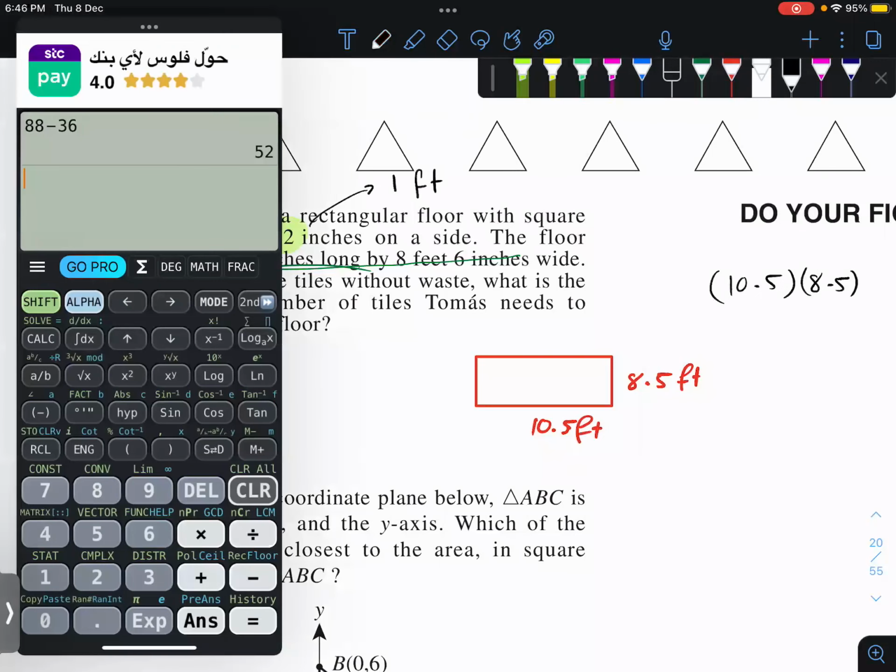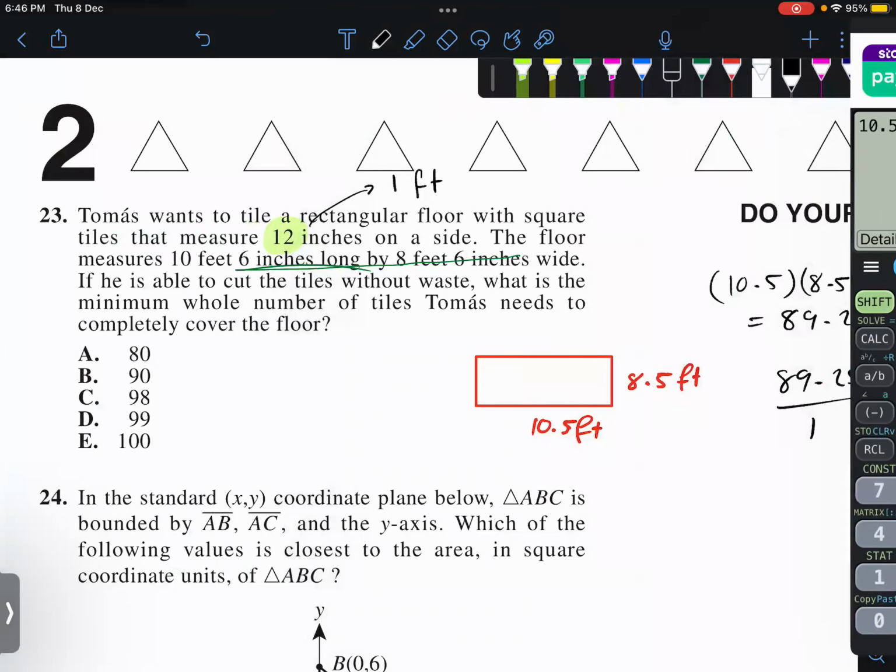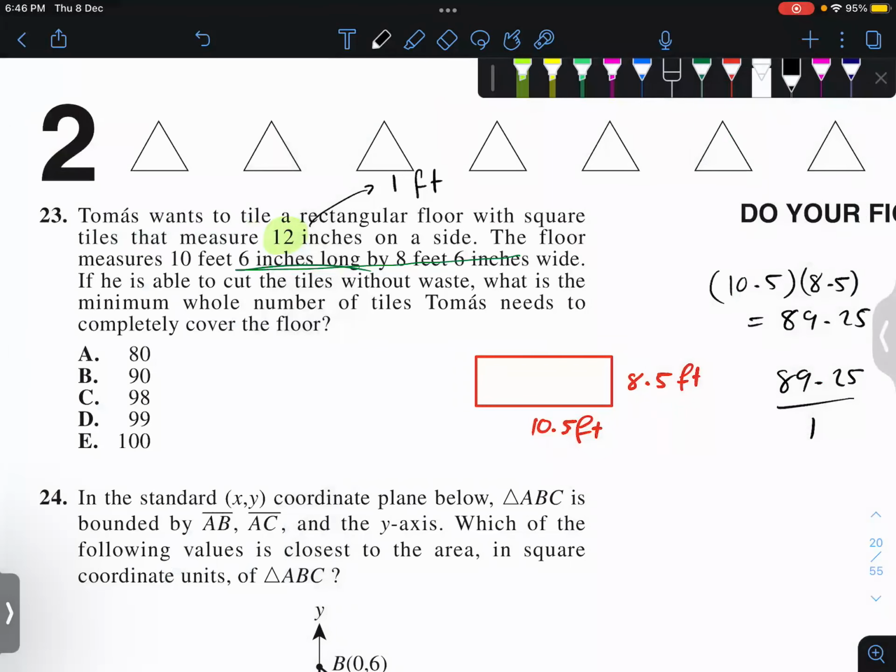When you multiply 10.5 times 8.5 it is about 89.25, and now 89.25 divided by 1 gives the same thing. So we will not bring 89.25, but we should bring 90, which is B. So the answer of question 23 is B. Is it correct, Judy?